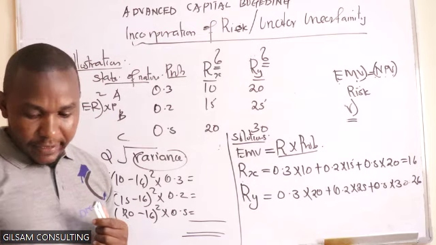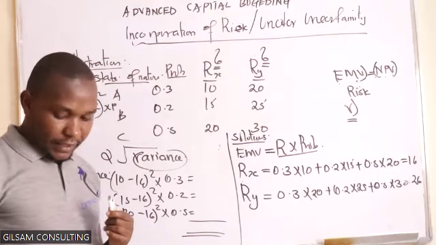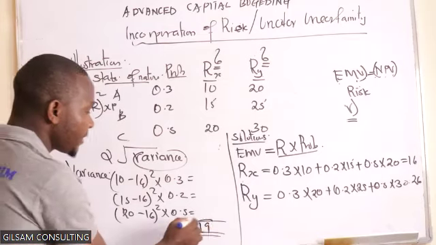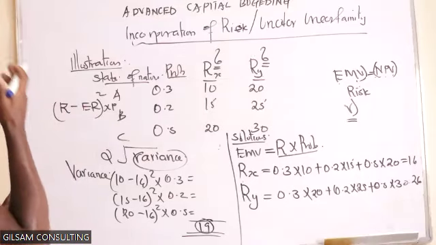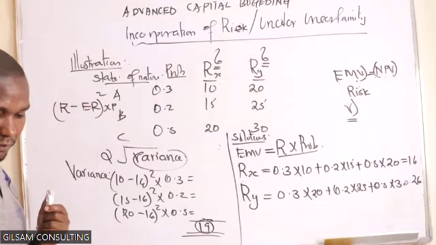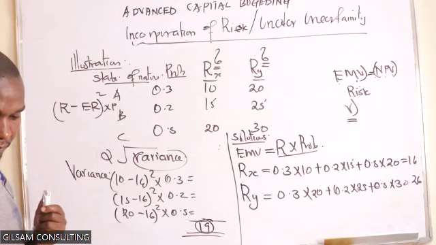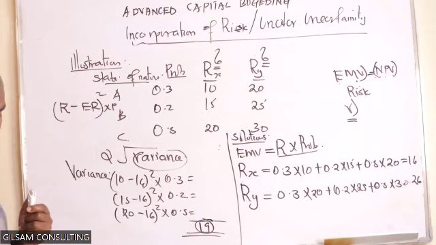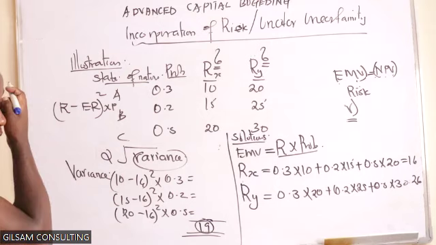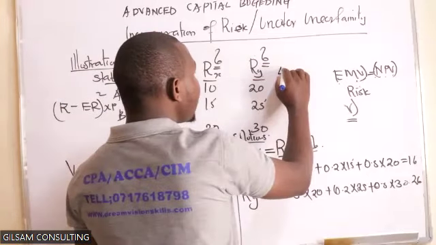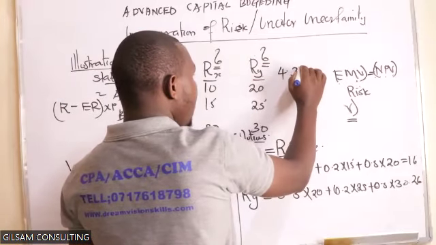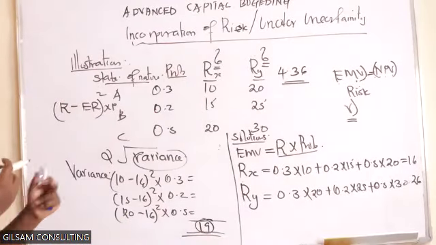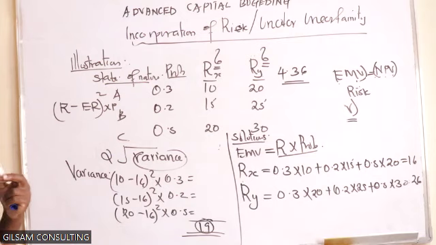The result is 19. So that is the variance. Get the root of that variance: 4.3589. Put in two decimal places, 4.36. So that is the standard deviation of the first one.